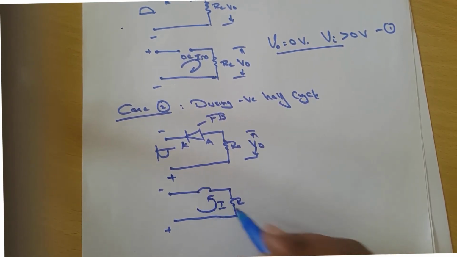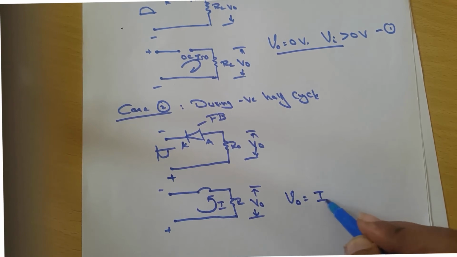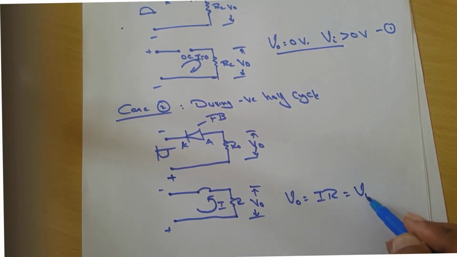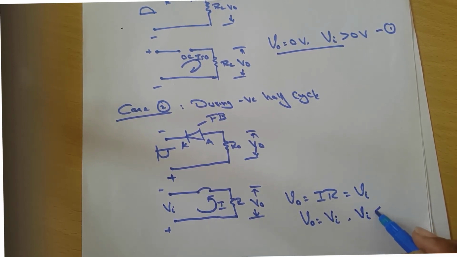Let me consider this is the current I, and the voltage across the resistance is V0. So V0 is equal to I into R according to Ohm's law. I into R is also equal to the input voltage Vi. So during the negative half cycle the output voltage is equal to the input voltage when Vi is less than 0 volts. This is equation 2.